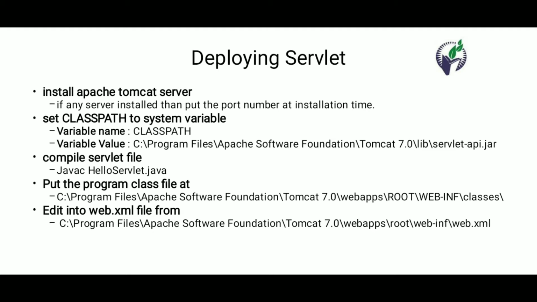If you want to set JSP, you can also set the path C:\Program Files\Apache Software Foundation\Tomcat\lib\jsp-api.jar. So this is all the basic configuration you need when you run any servlet program.